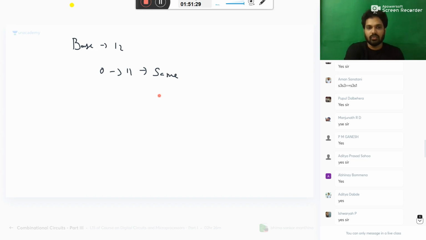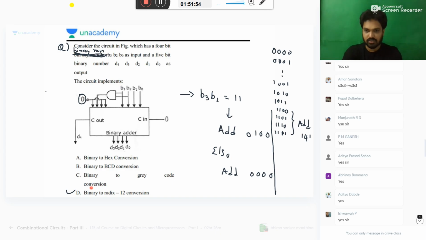For 12, it is represented as 1, 0. 13 is represented as 1, 1. 14 is represented as 1, 2. So 1, 0 means, for BCD representation, it is 1 followed by 4 zeros. What happened? The option is not visible.